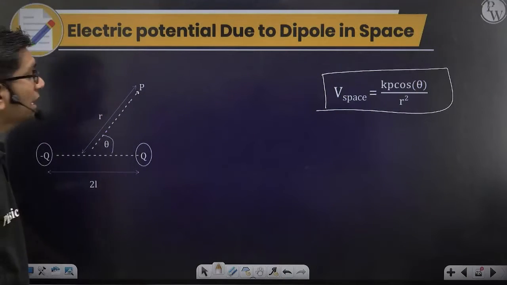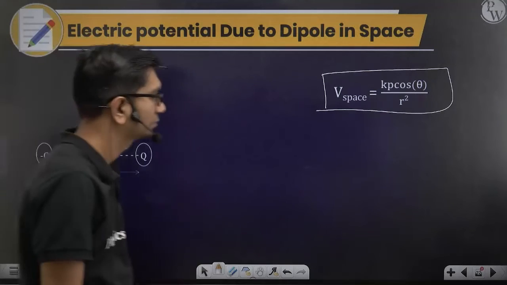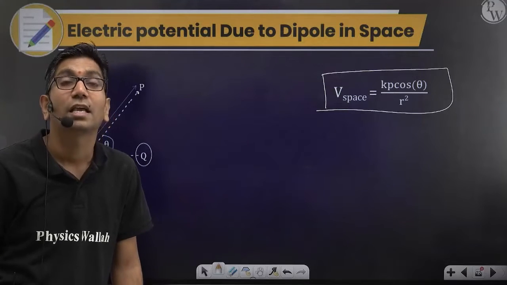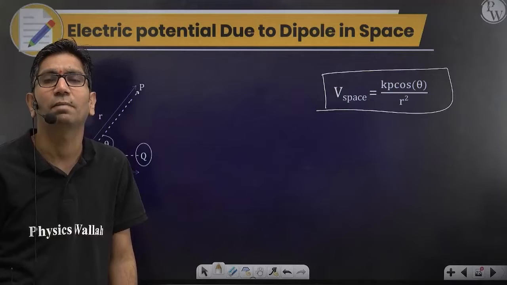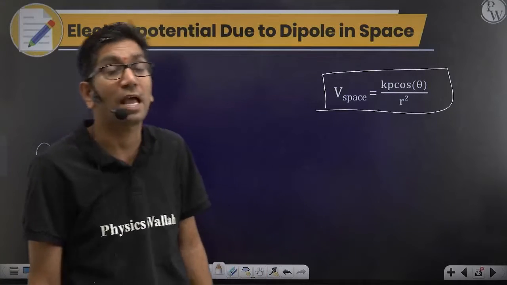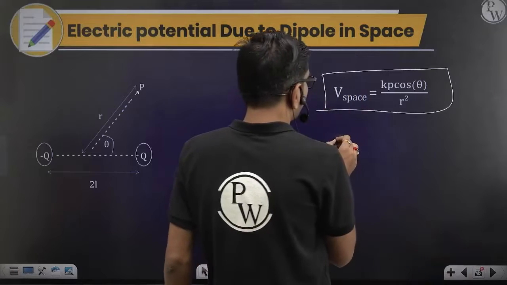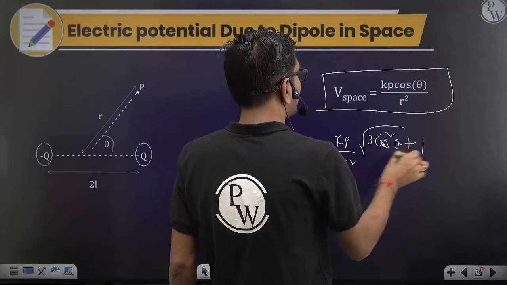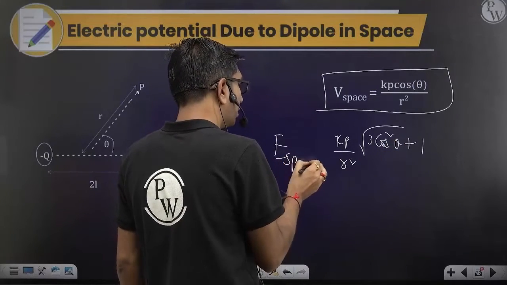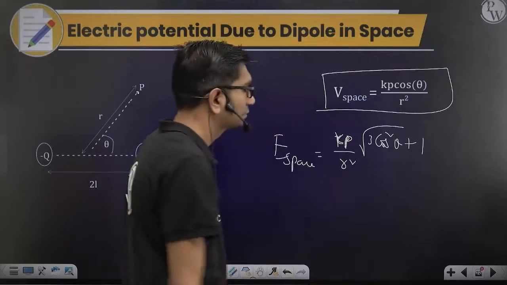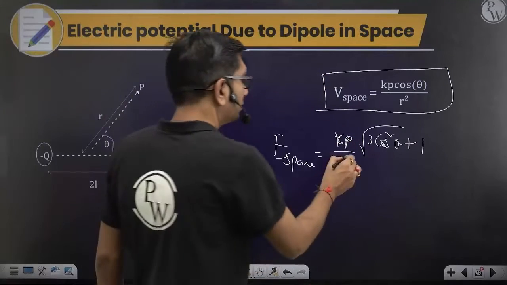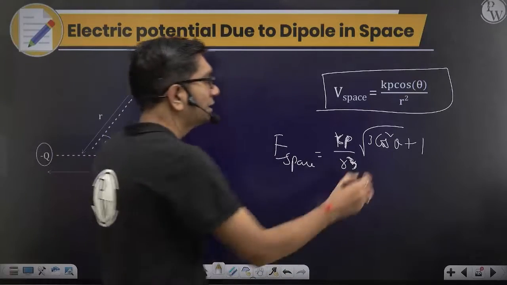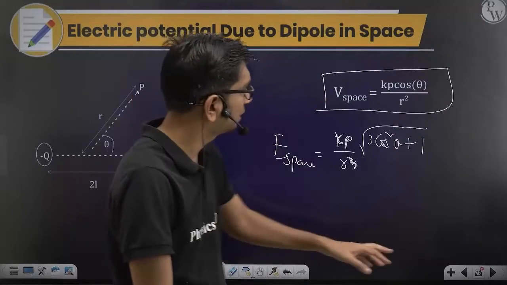For this one, electric field intensity at any point in space, you got Kp by r cube under root of 3 cos square theta plus 1. You can cross check that one from the earlier chapter.